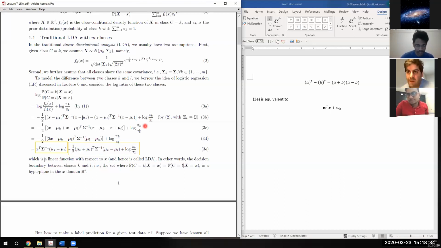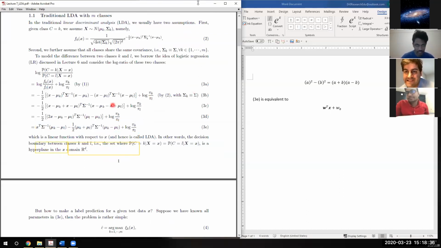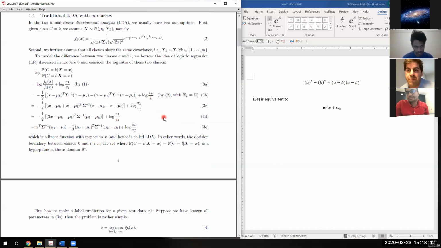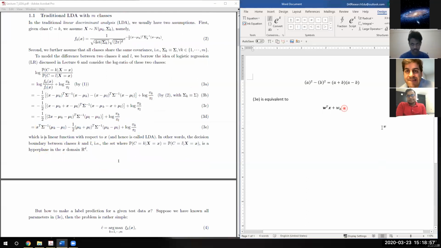It's simple. Okay, and since it's a linear function, you know what the decision boundary is? Decision boundary simply means this one equal to 0. 3e equal to 0 gives you what? It actually gives you a hyperplane. See it? You know what I mean? For example, you can just have a look at here. Let me write it this way.